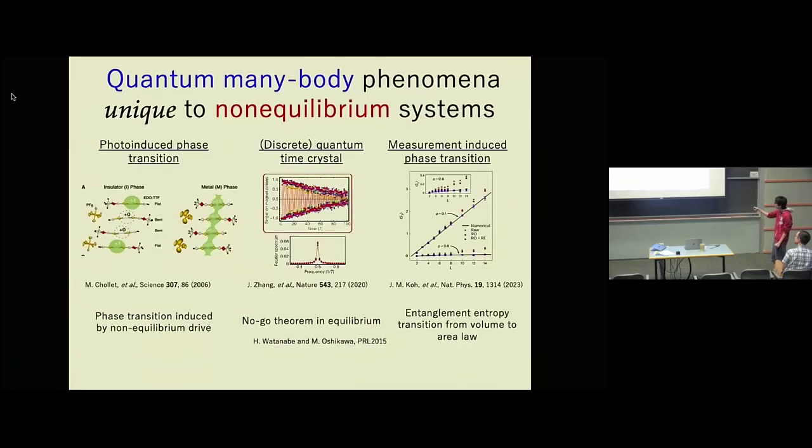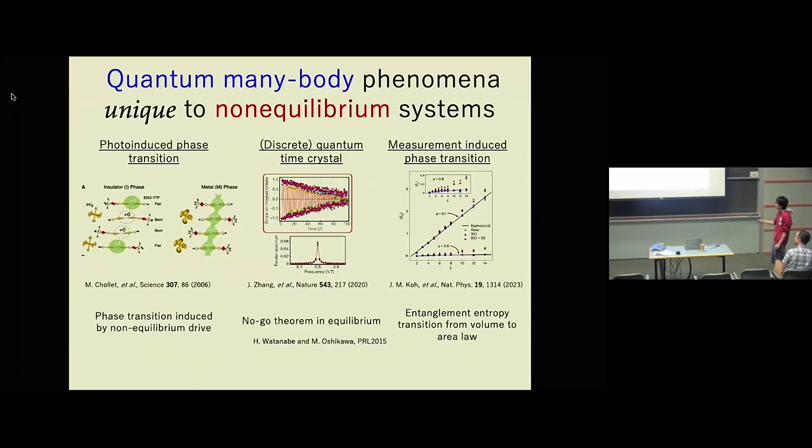And what's really interesting about these systems is that there are quantum many-body phenomena that are unique to non-equilibrium systems. Just to name a few of them. One is something called photoinduced phase transition, where starting from an insulator, by shining light on it, it can suddenly turn into a metal.